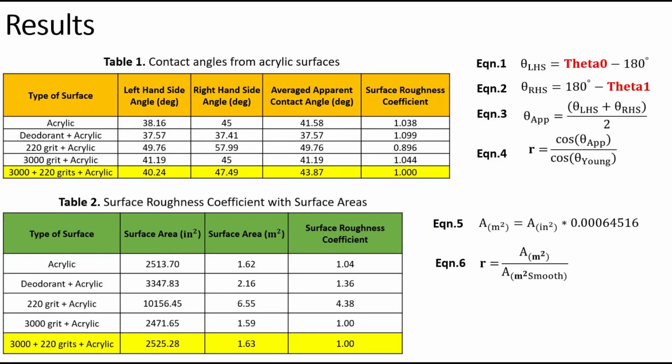As I tested how smooth each material was with the coating or the sanded section, I can literally say that the 3000 grit and the 220 grit on the acrylic piece was really smooth. So that was my reference point to use. And I did use the equations on the right hand side, as you can see, to get my surface roughness coefficients along with my contact angle values and my area that I converted.